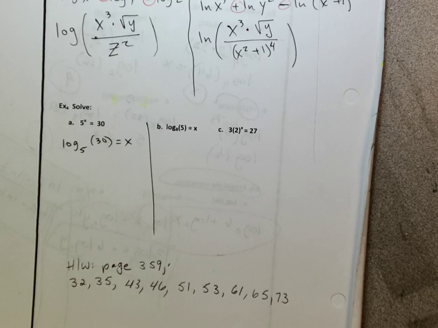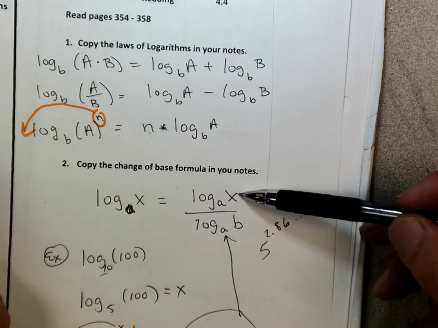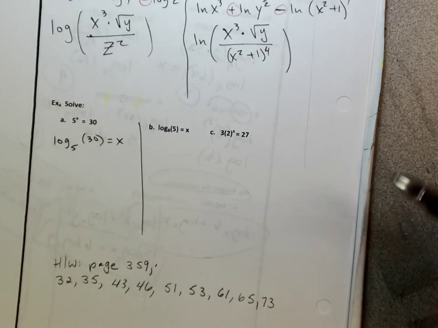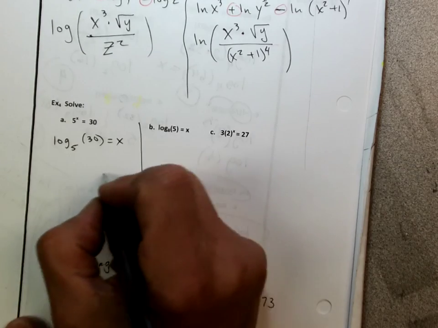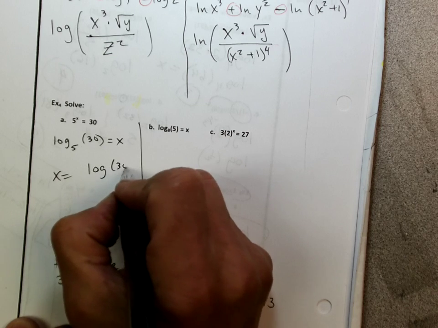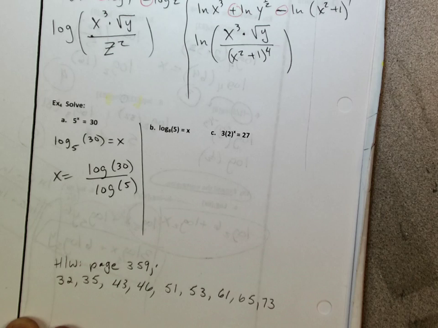Now we learn the change of base formula. It says we take the log of this number divided by the log of the base. So x equals log of 30 divided by log of 5. That's our change of base.